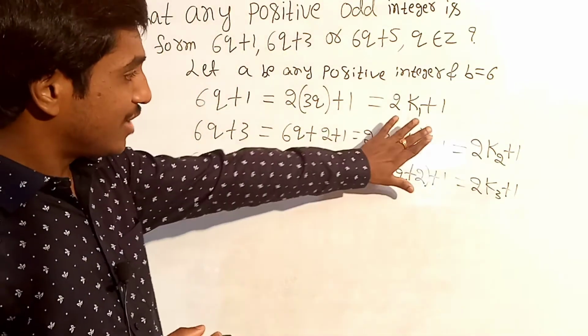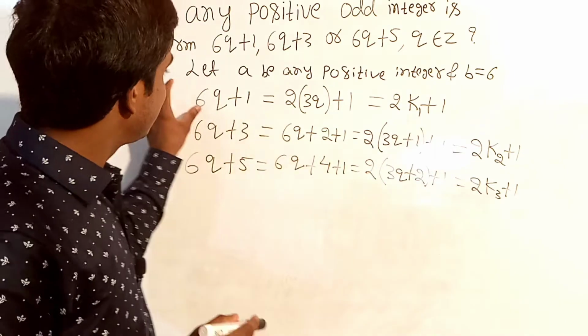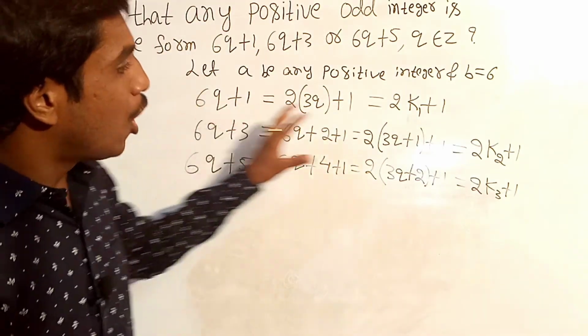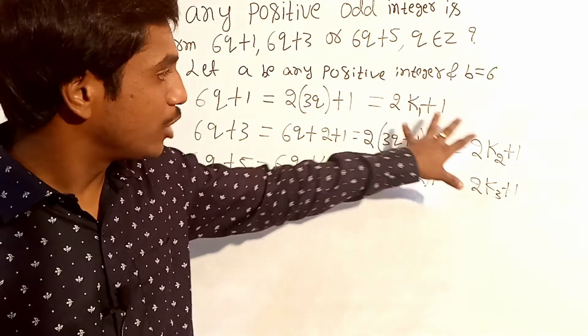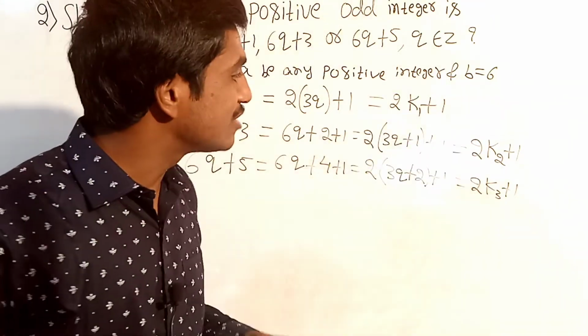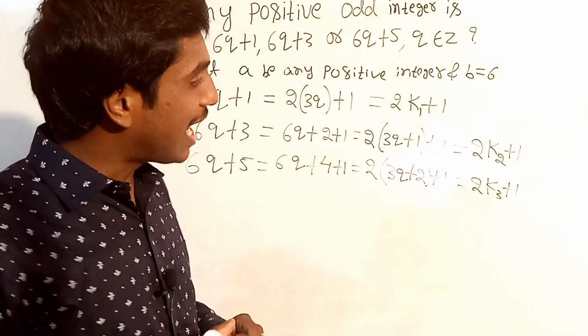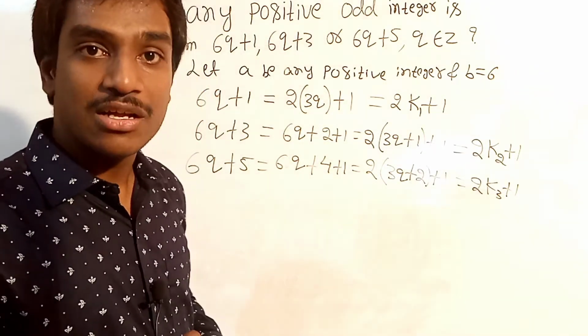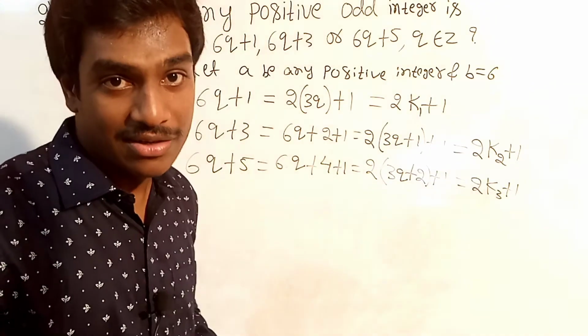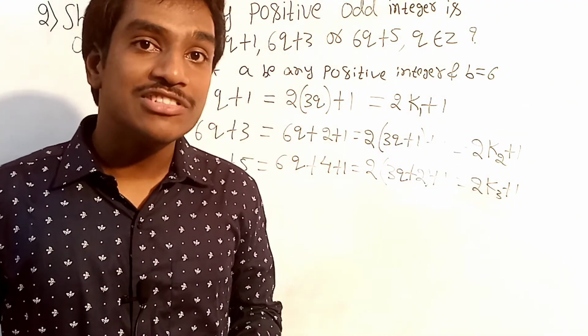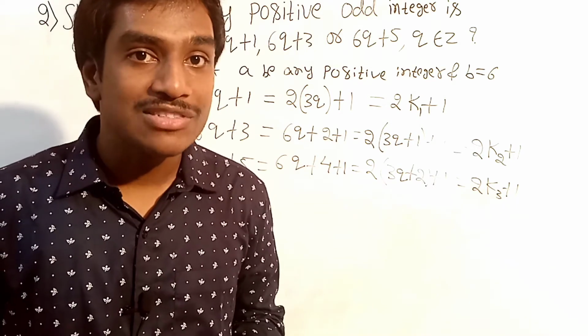Now with this we can tell that 6q plus 1, 6q plus 3 and 6q plus 5 are of the form 2k1 plus 1, 2k2 plus 1 and 2k3 plus 1. I said before that if any integer is of the form 2m plus 1, then that number is an odd number because it is not divisible by 2.